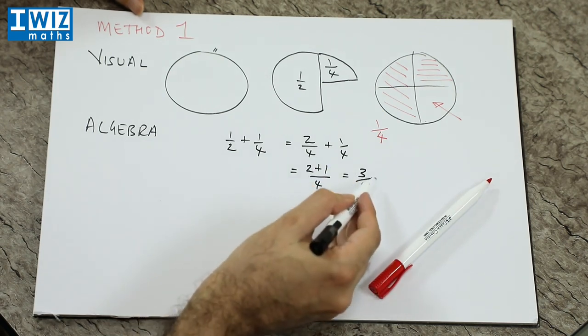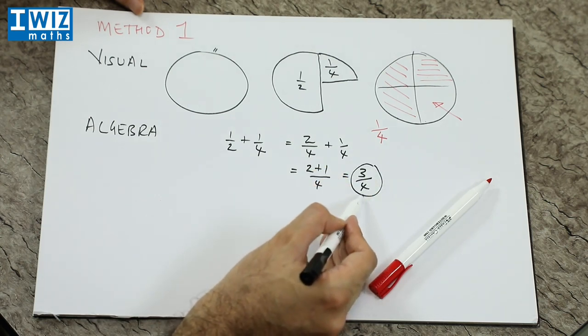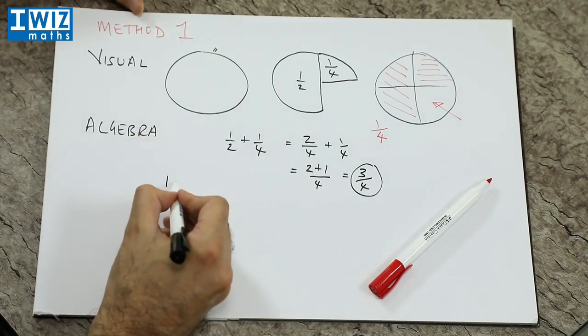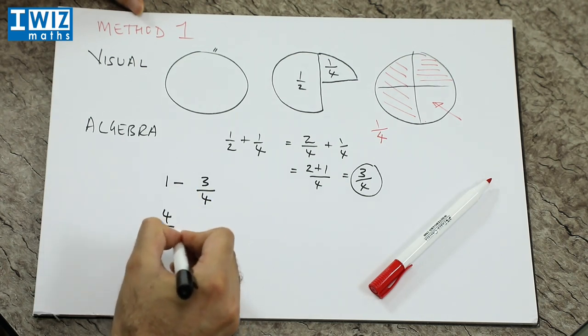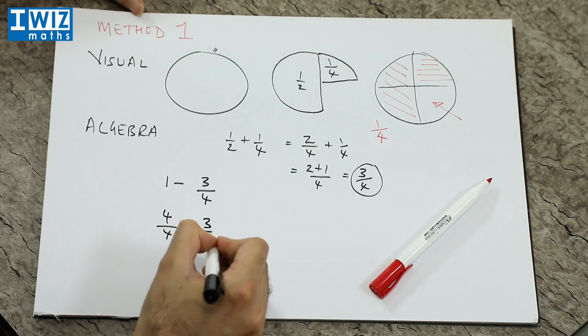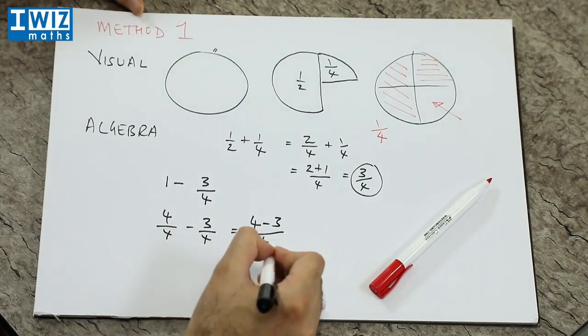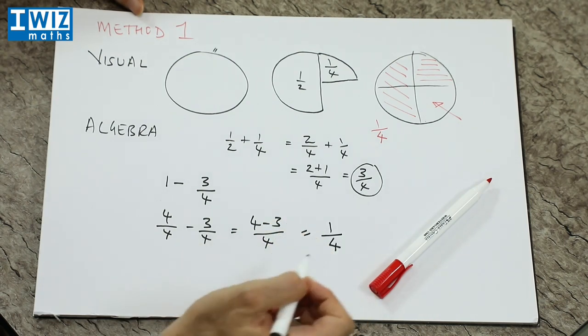And then we want to remove this quantity, which is the total amount of apple that we have eaten during the day, from the whole. So that would be 1 minus 3/4, which is 4/4 minus 3/4, which is (4 minus 3) divided by 4, which is 1/4, which is exactly the same answer that we got from the visual technique.